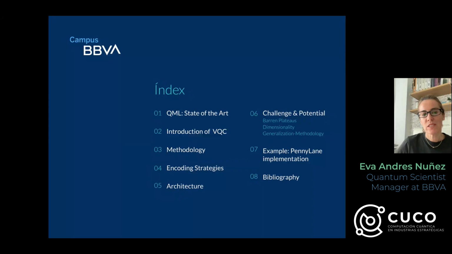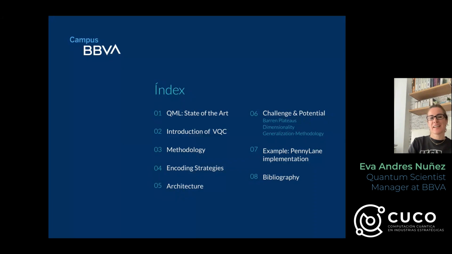Firstly, the current state of the art on quantum machine learning, followed by the methodology, architecture, and encoding strategies that we can use in this kind of model. Of course, its challenges and its potential, and we end with an implementation for an iris classification problem using PennyLane, PyTorch, and also the data reuploading technique.